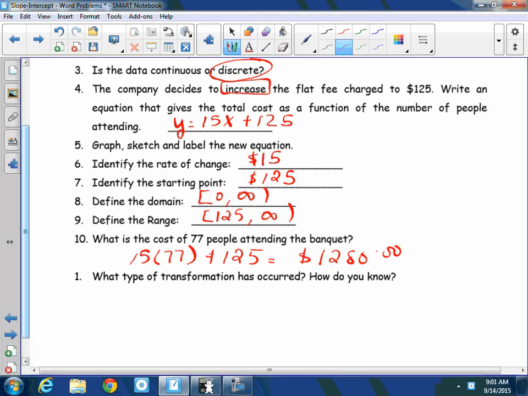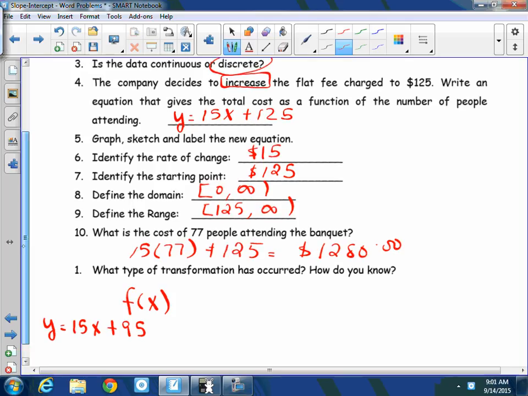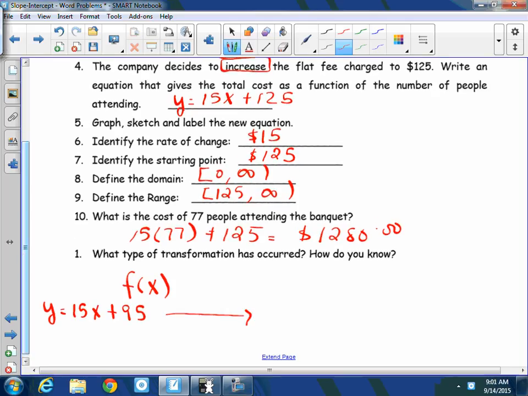Okay, so what type of transformation has occurred? How did we change it? $30. It went from being the function y equals 15x plus 95 to y equals 15x plus 125.